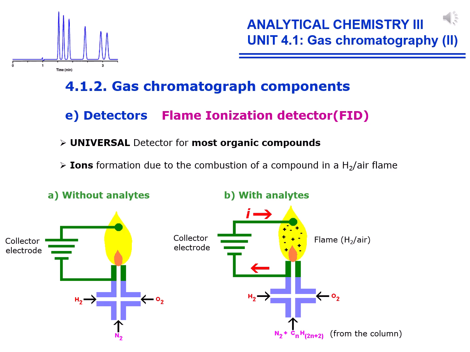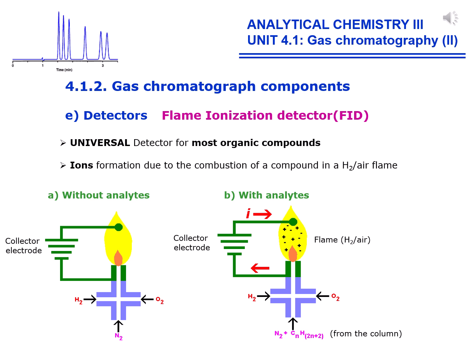A polarized cylindrical collector is placed above the flame in order to collect the ions generated. The ionic current established between the tip of the burner and the collector electrode is measured. In the total absence of organic compounds, not many ions are produced in the flame, so the current is practically null.